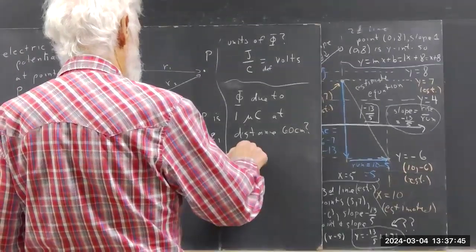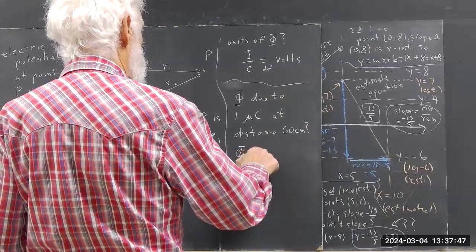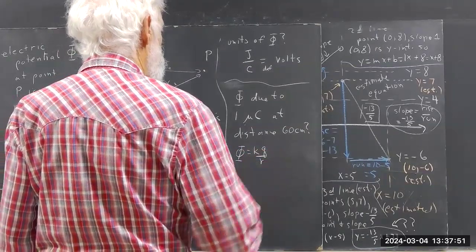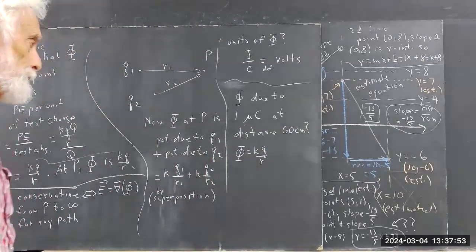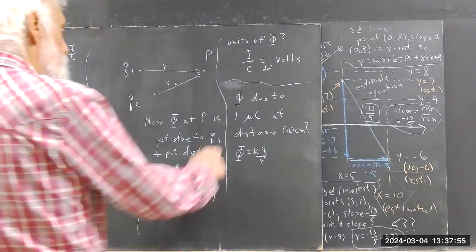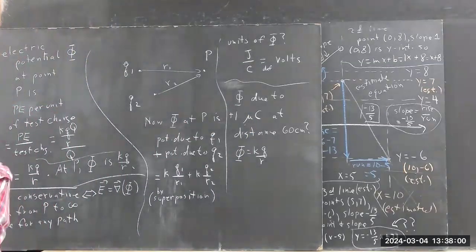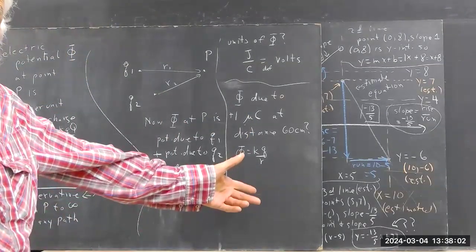Well, phi equals kQ over R. Make it plus 1 microcoulomb. So that's really easy to calculate, right?